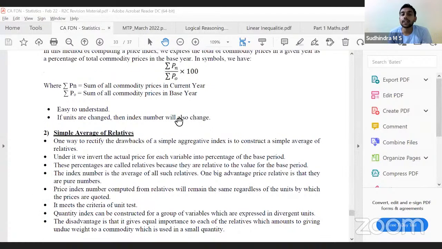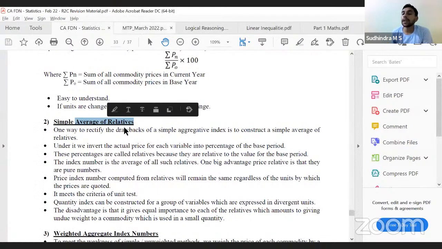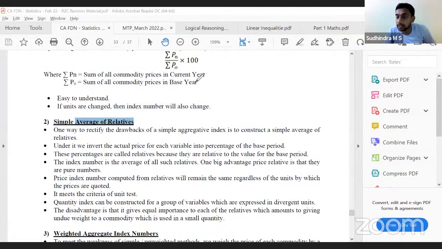That disadvantage is overcome in the second method, which is simple average of relatives. In simple average of relatives, what are we doing? We are not adding up all the prices. Instead, we are calculating price relatives for each commodity. So if we have rice, wheat, and sugar, the P1 prices are 40, 45, and 50, and P0 was 30, 35, and 40.